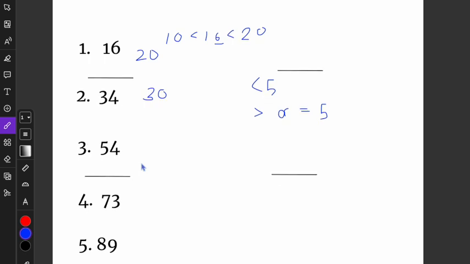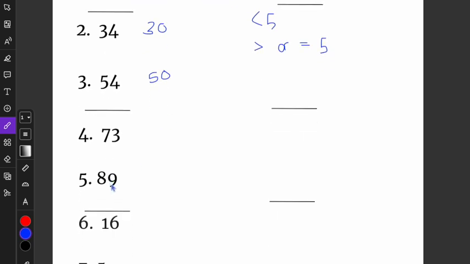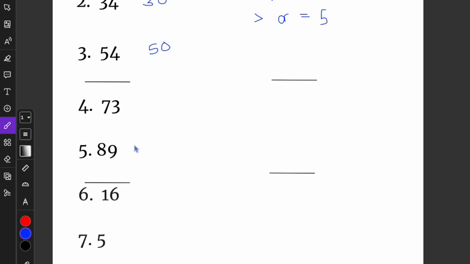Let's do number 3, 54. The ones place of 54 is 4, and since 4 is, again, less than 5, it rounds down to 50. Let's try number 5. The ones place of 89 is 9, and since 9 is greater than 5, 89 has to round up.